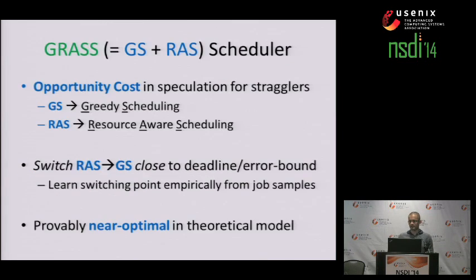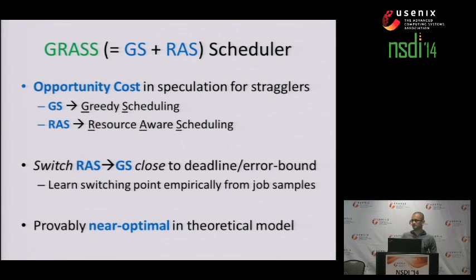Therefore, to put it together, our scheduler that we call GRASS relies on the fact that speculation has an opportunity cost. Based on this notion of opportunity cost, there are two kinds of scheduling algorithms that we looked at: one that's more greedy, which doesn't care about the opportunity cost but just wants to improve the result the best at that point, and one that's more aware of the opportunity cost.